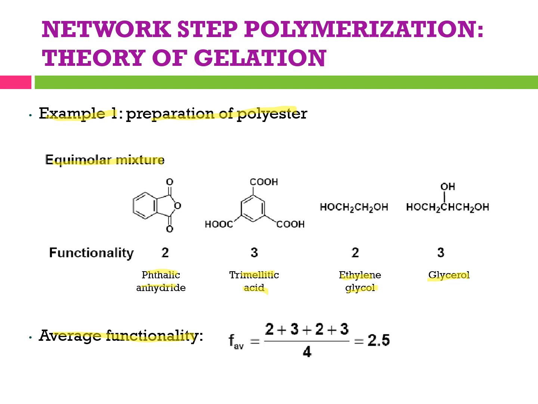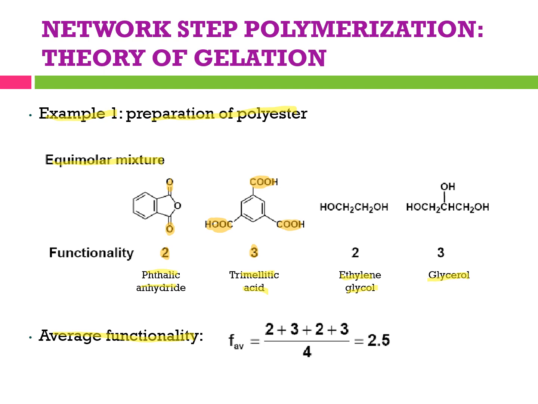Let's take a look at the first monomer, phthalic anhydride. The functionality of phthalic anhydride is 2 because it has a carbonyl group here, 1, and another carbonyl group, 2. Next, trimellitic acid has 3 functionalities. It has a carboxyl group here, 1, the second carboxyl group, and the third carboxyl group. So the functionality of trimellitic acid is 3.